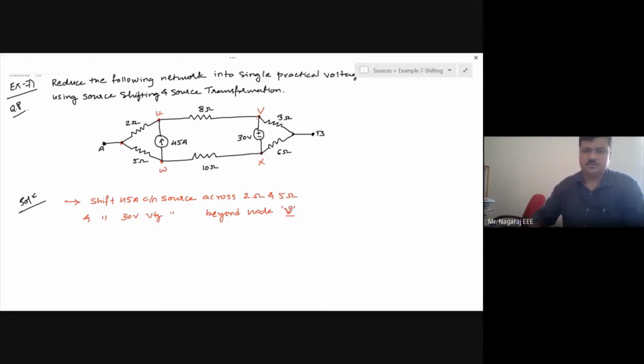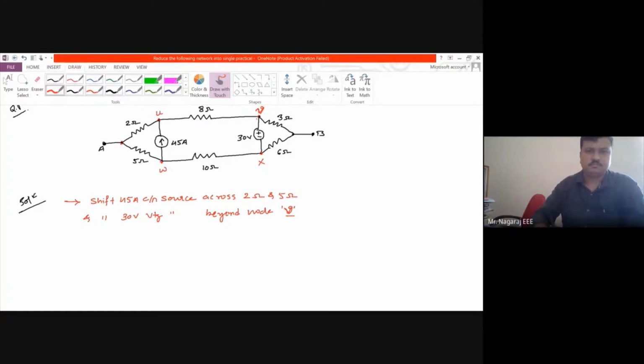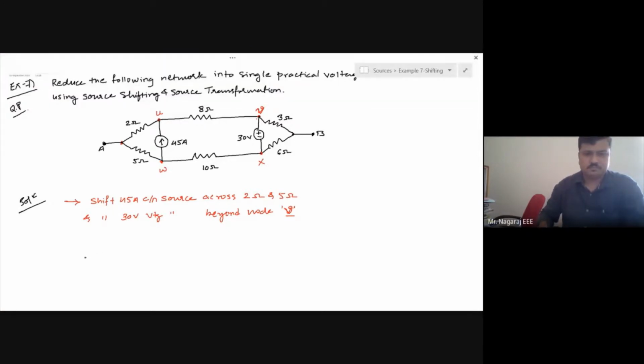I will give some different appearance to be here. Beyond node V, we will do it simultaneously. Beyond node V, 30 volts will come in series with 8 ohm and in series with 3 ohms.